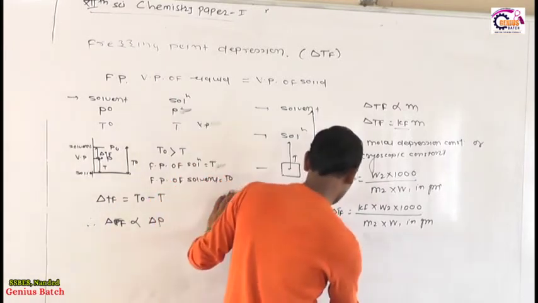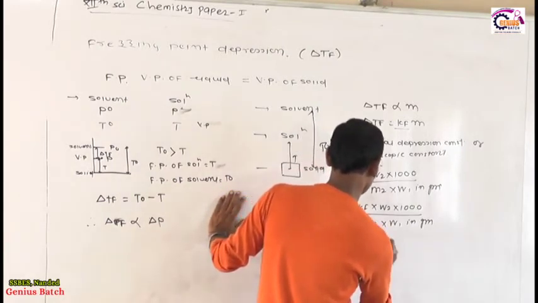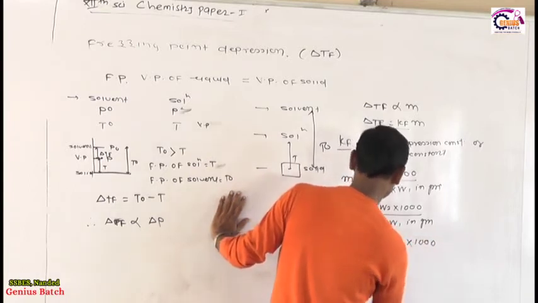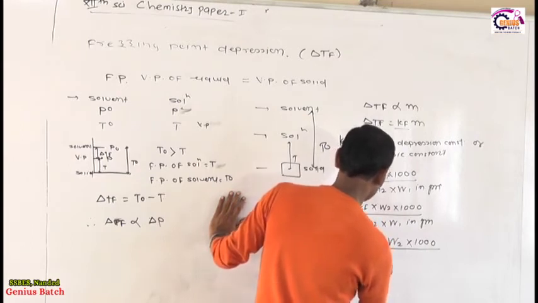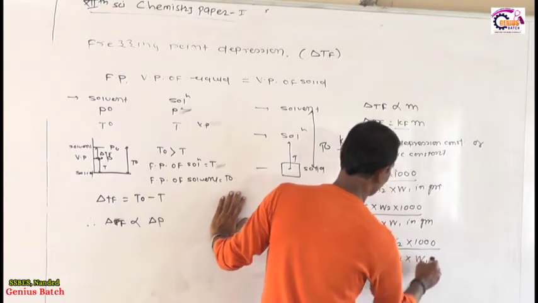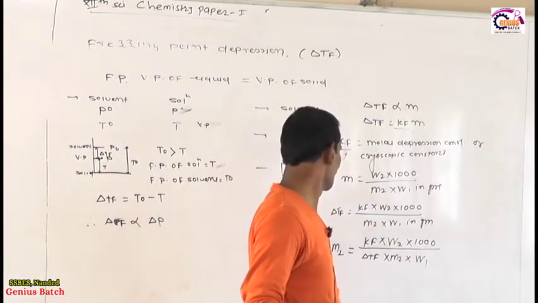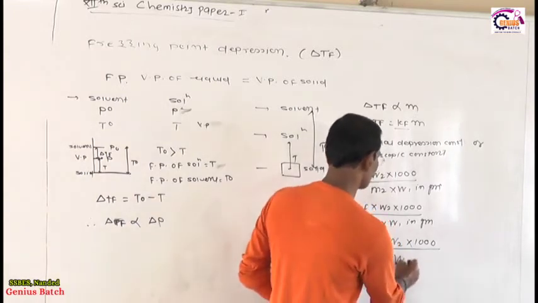Therefore, M2 is equal to Kf into W2 into 1000 divided by delta TF into W1, because M2 was already taken here. This is a very simple phenomenon.